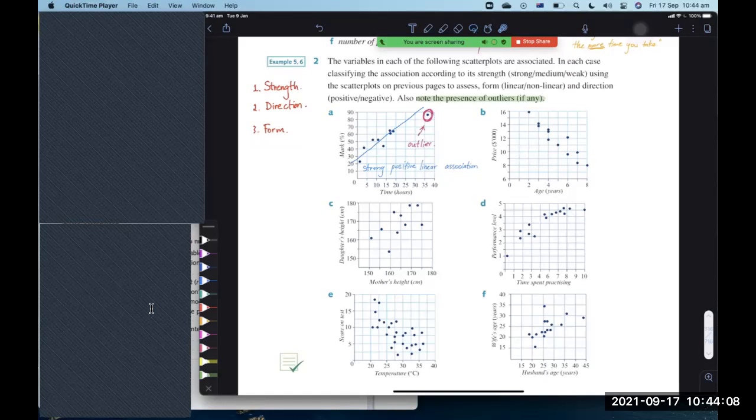This one seems a bit scattered, doesn't it, Uma? So would you say that it's strong, or would you say it's moderate? Seems like a couple all over the place, unless you call this one an outlier. Yeah. One thing you didn't mention was outliers, yeah?